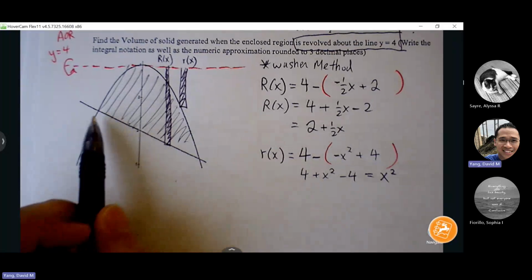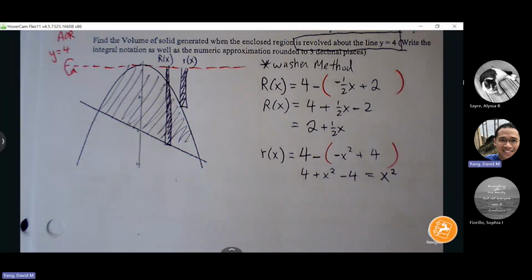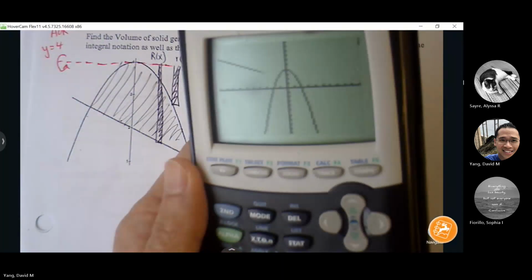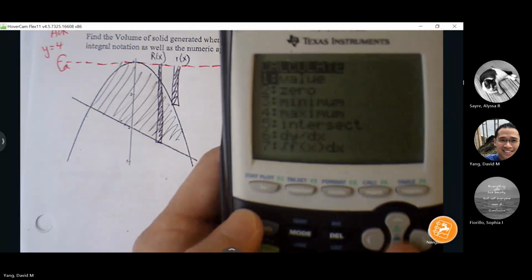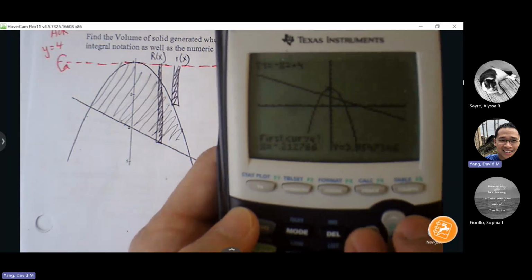Okay, we need the bounds, so let's go to our calculator, find those intersection points. Second trace, intersect.